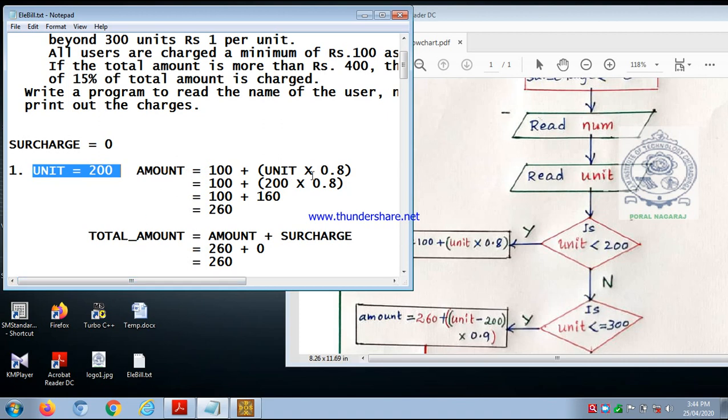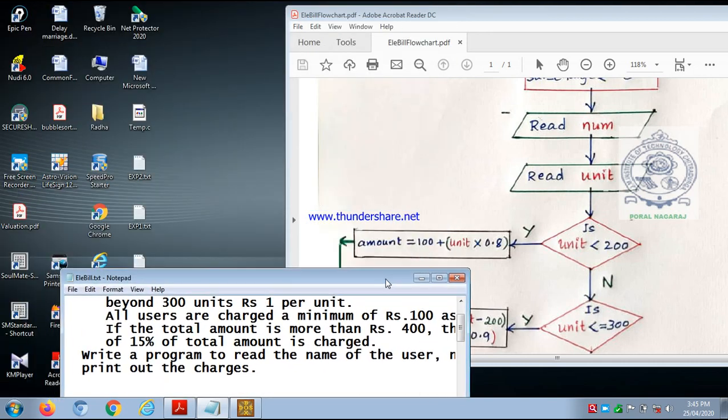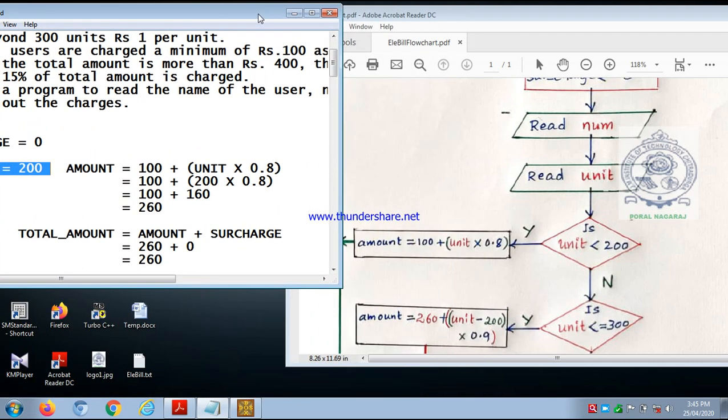Amount is equal to 100 plus unit into 0.8. That's what we have written here. Okay, so then what we have to do?